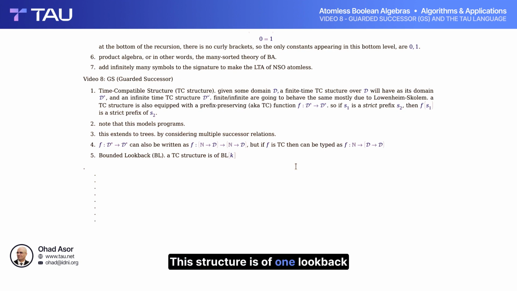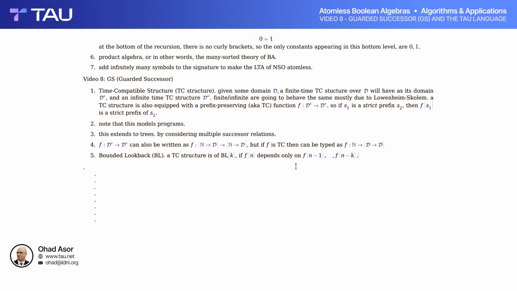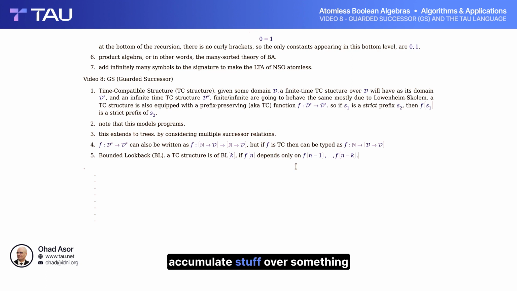This structure is of bounded lookback if f_n for each n depends only on f_{n-1} and so on, down to f_{n-k}. So the intuition is that it looks at the history only k steps back, but of course it might accumulate stuff over something which is greater than k.